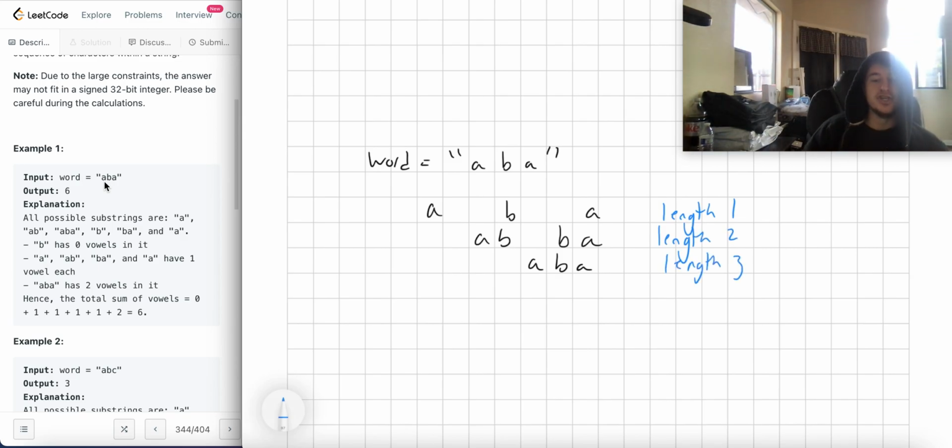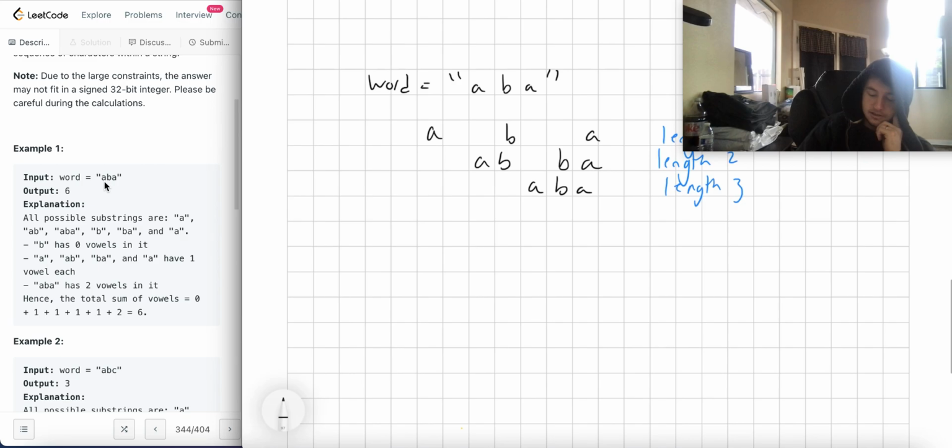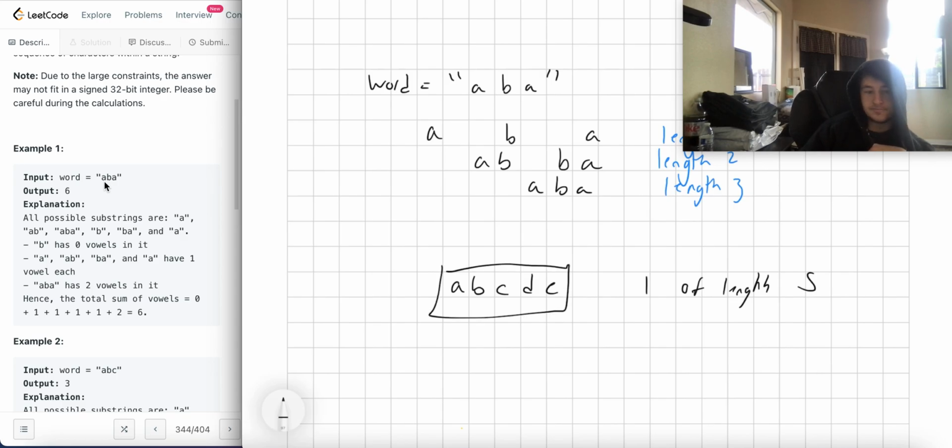And then just something to note about the total substrings of a word. Let's make this an example: A, B, C, D, E. So this has length 5. How many total substrings are there? Well, there's 1 of length 5, which is the whole string.